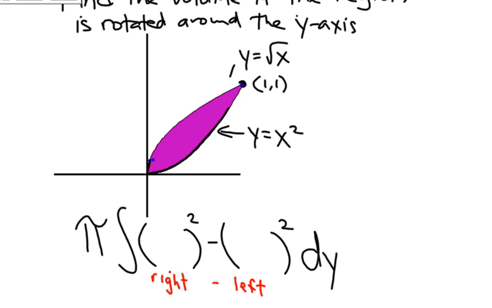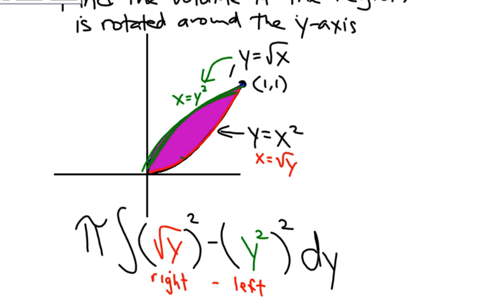So the right side of this thing is this curve, which is really the same thing as x equals the square root of y. And the left side of this region is this green curve, which is really going to be x equals y squared. I'm just converting there.